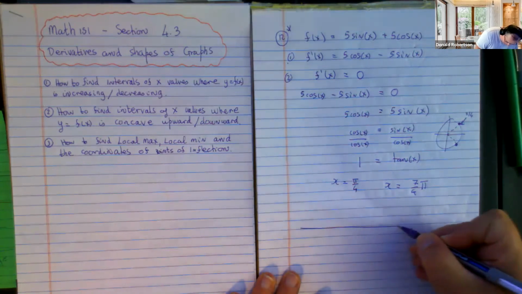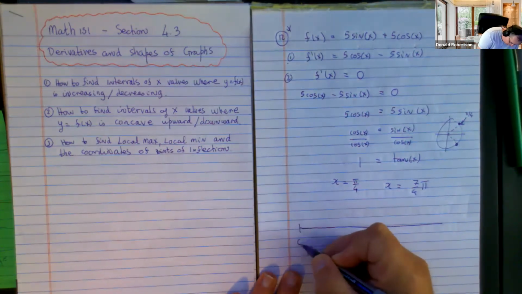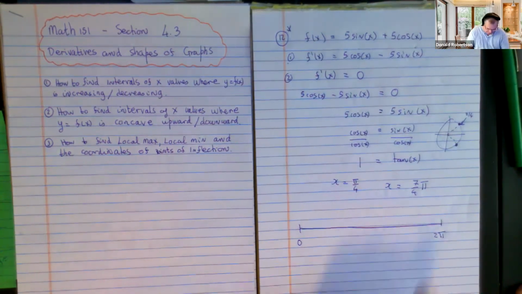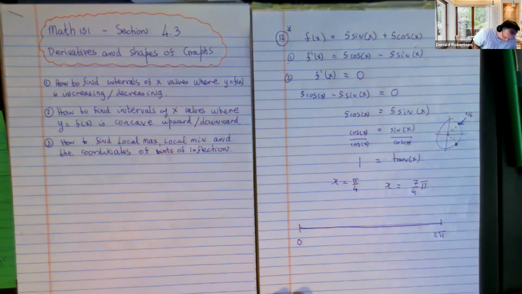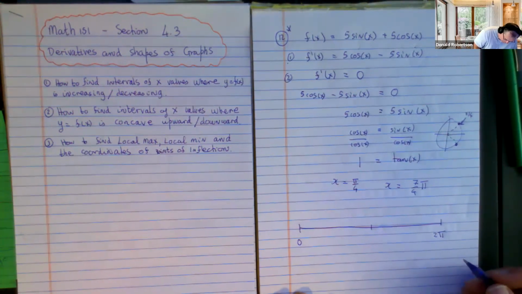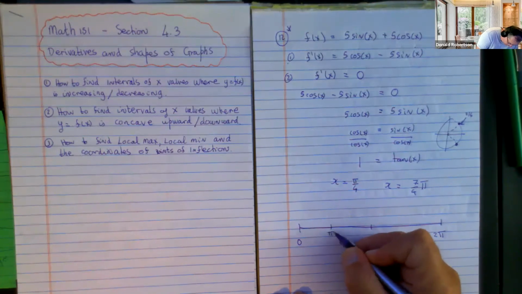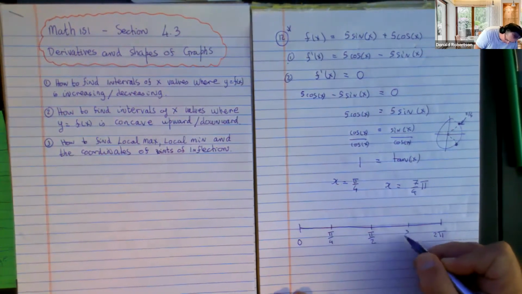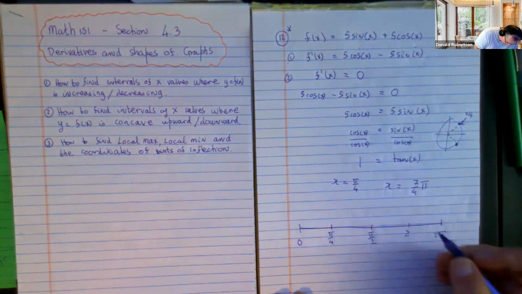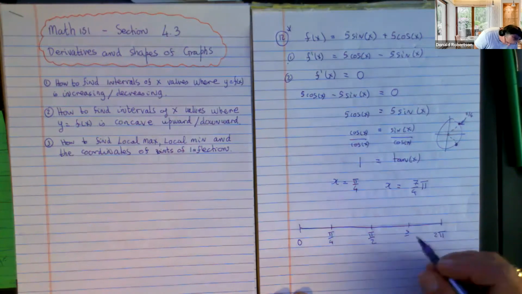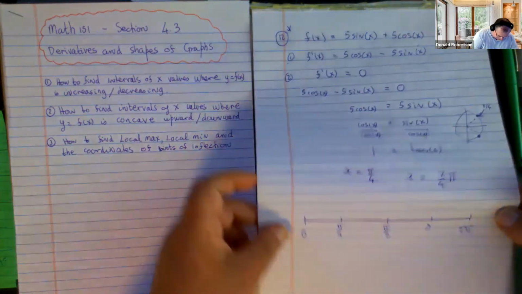So I'm now going to do my number line. Since I know to start at 0 and 2 pi, I'll just do that. I think things should be in multiples of a quarter, so I'm going to have 1/4 pi, 2/4 pi, count it in space. Let me redo that line.